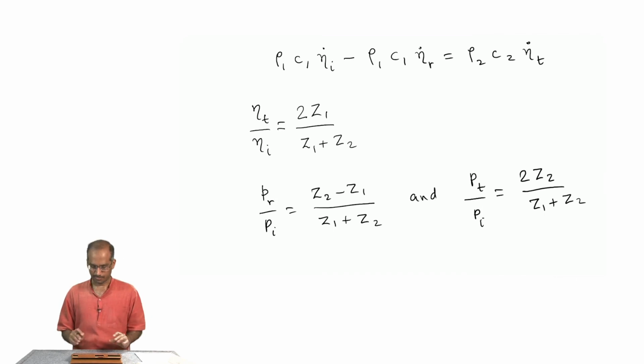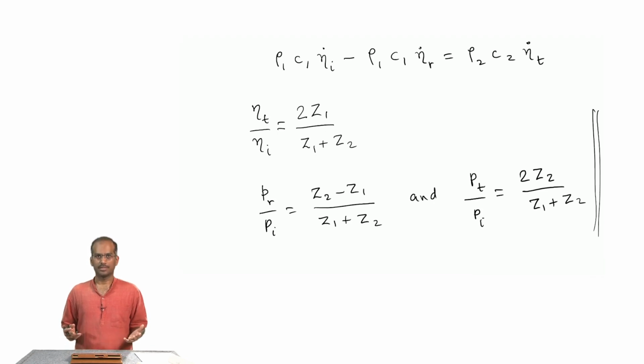It is a simple question of manipulating these three equations to obtain these results. And further, I would urge you to rewrite all these in terms of the intensities, and you will see that you can finally make a statement that the incoming intensity has been distributed between the transmitted intensity and the reflected intensity.